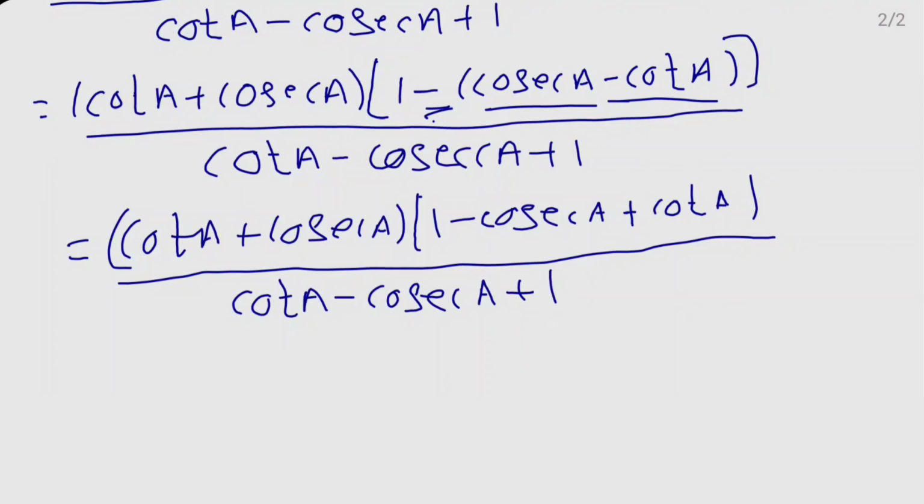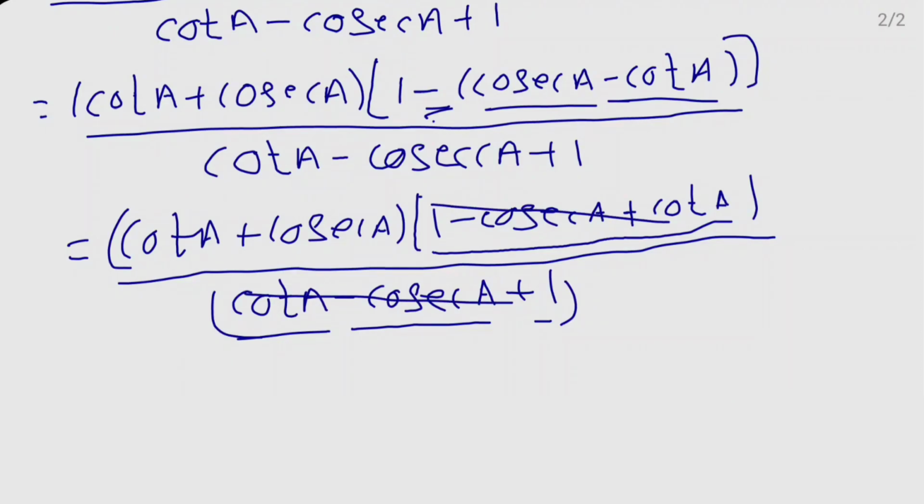And see here in the numerator 1 minus cosec A plus cot A, and in the denominator also 1 minus cosec A plus cot A. These two terms are same, so they get cancelled.